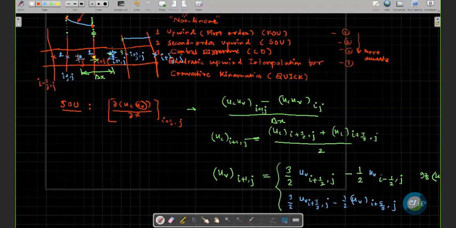These 2 points will come when you have a positive value, and points 1 and 3 will come when you have a negative value. So uv at ij will be the interpolation of 2 and 4 when it is positive, else it will be the interpolation of I plus half j and I plus 3 by 2 j.